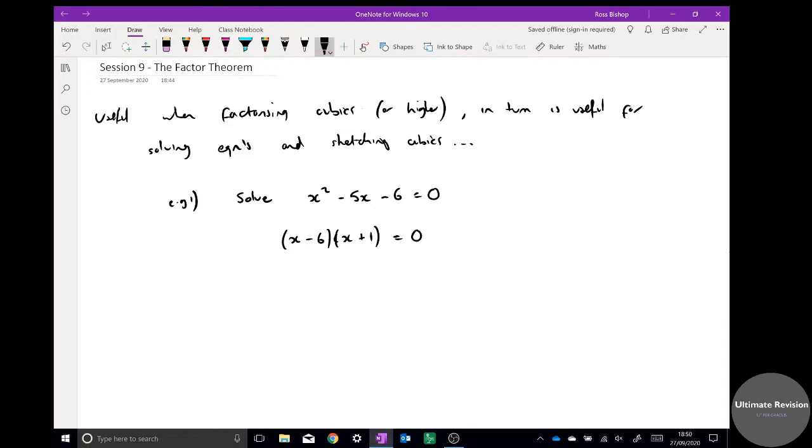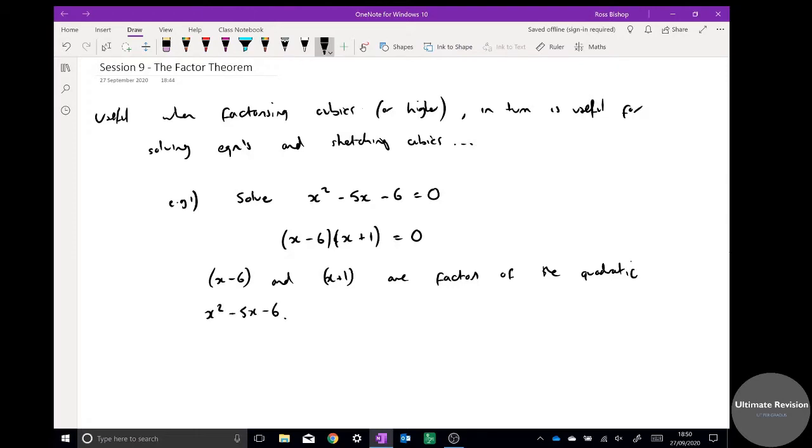Now, what we can say at this stage is x minus 6 and x plus 1, these are factors of the quadratic x squared minus 5x minus 6.